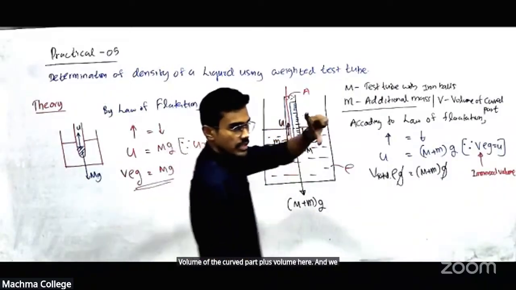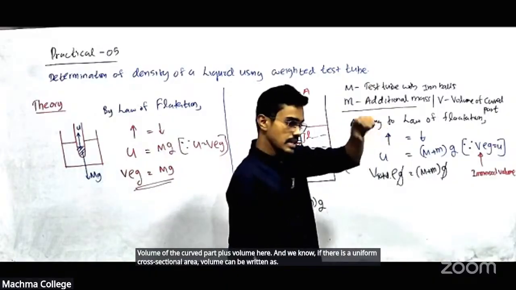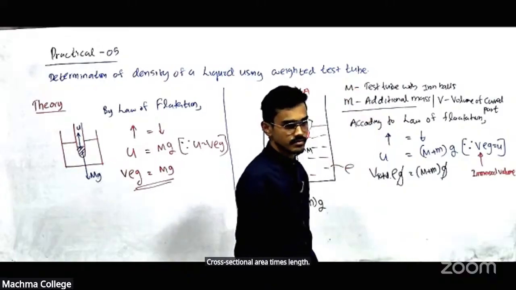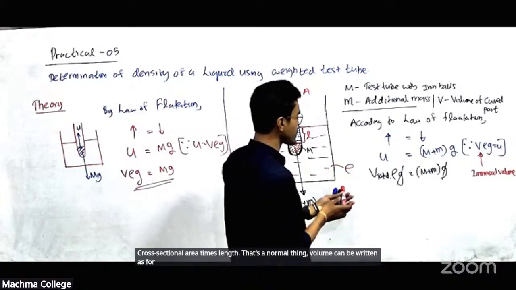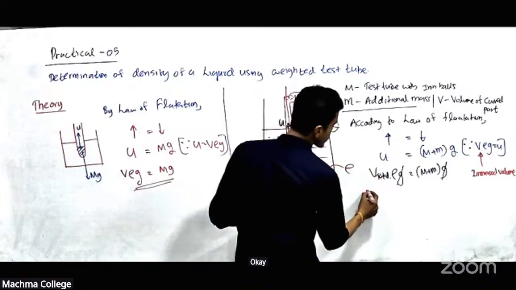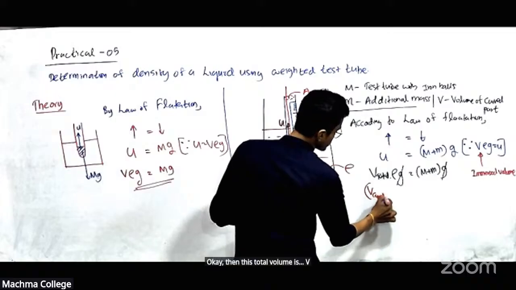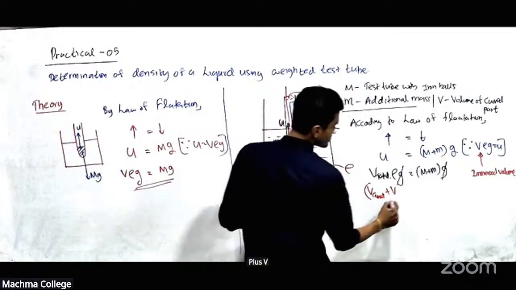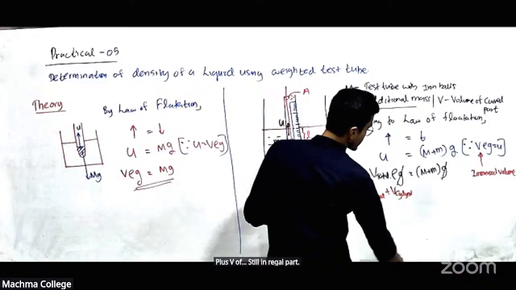And we know if there is a uniform cross-sectional area, volume can be written as cross-sectional area times length. That's a normal thing. Then this total volume is V of the curved part plus V of the cylindrical part.